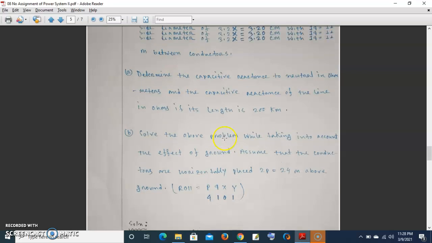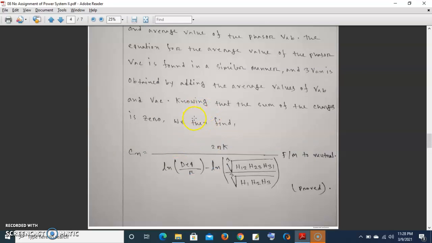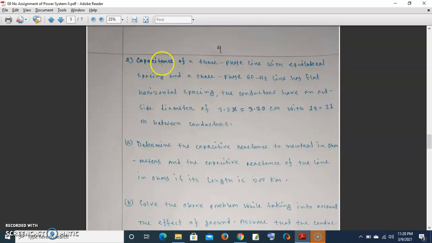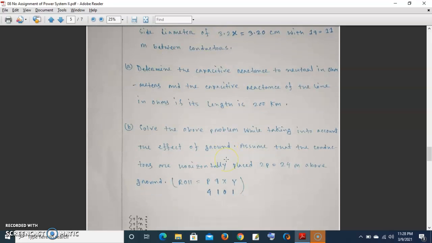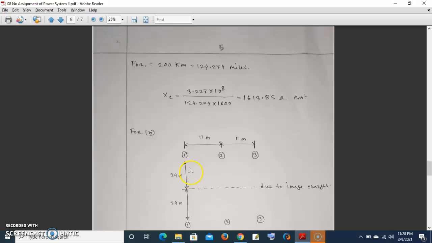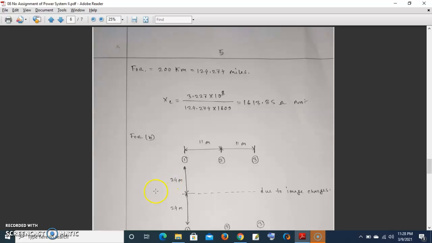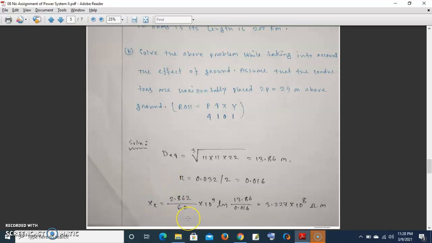For this math, the diameter and the length both are present, so in this situation the XC is constant. The capacitance to neutral has been determined.